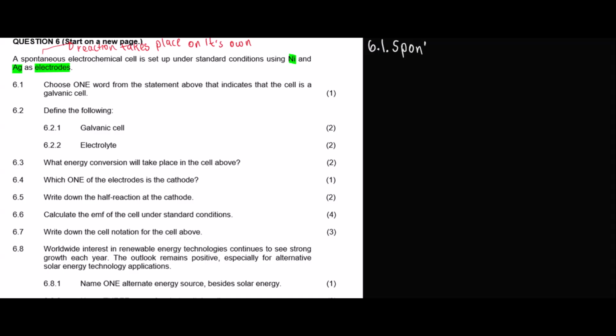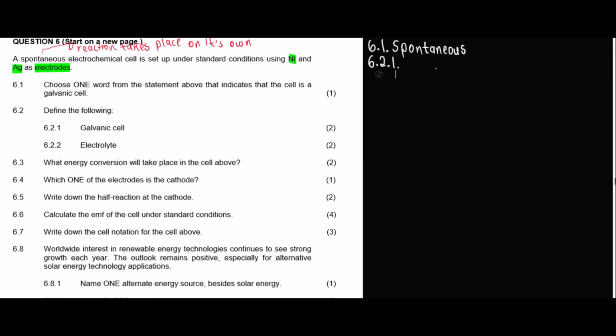Since the cell is spontaneous, meaning it can occur on its own, it can only be a galvanic cell and not an electrolytic cell. A spontaneous electrochemical cell is a galvanic cell, and a non-spontaneous one is an electrolytic cell.